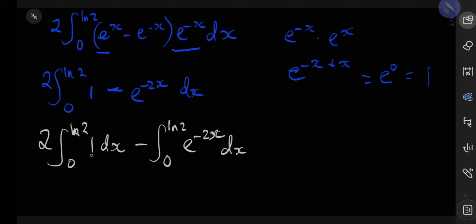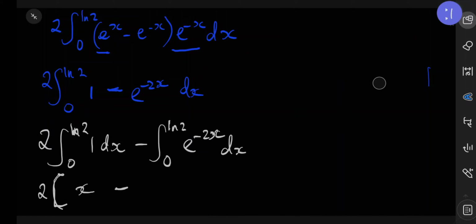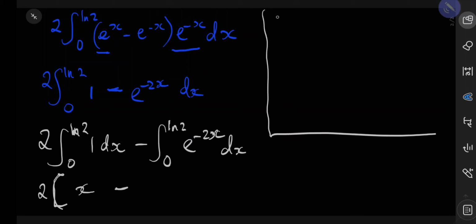First of all, for a constant, when you integrate a constant like 1 dx, its integral would be x. So let's put that down. We have x for this, minus, and we are going to integrate this with u substitution. So let's just try to solve it out here. Let's say that u is minus 2x.